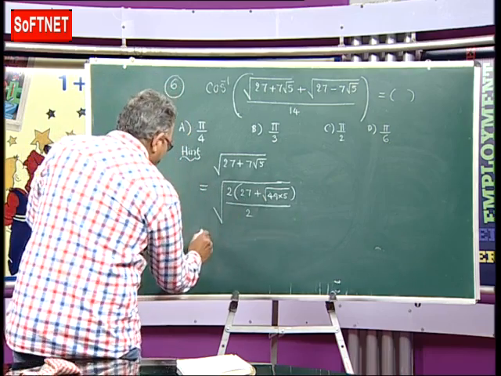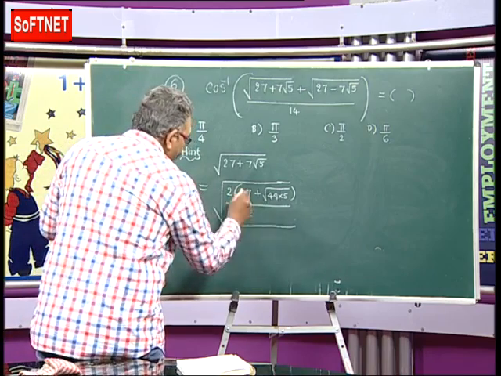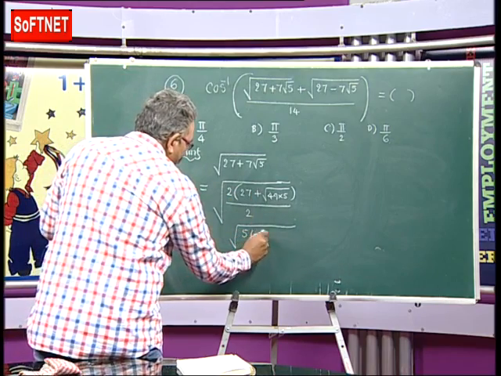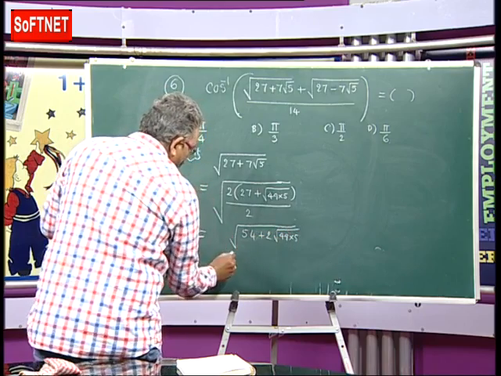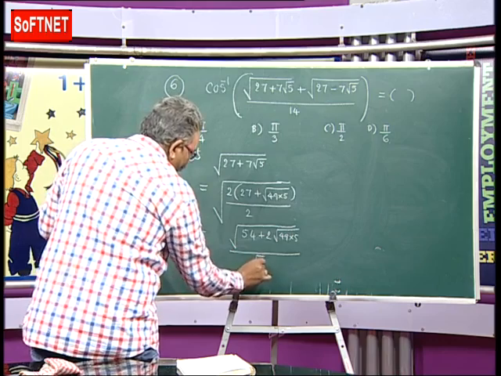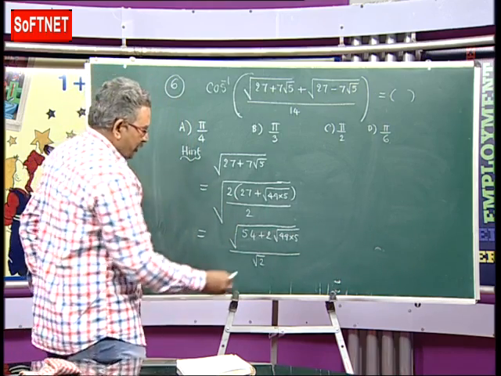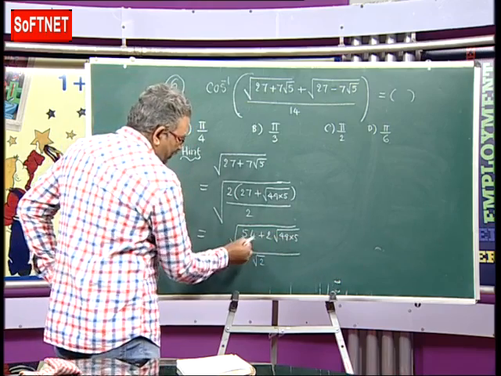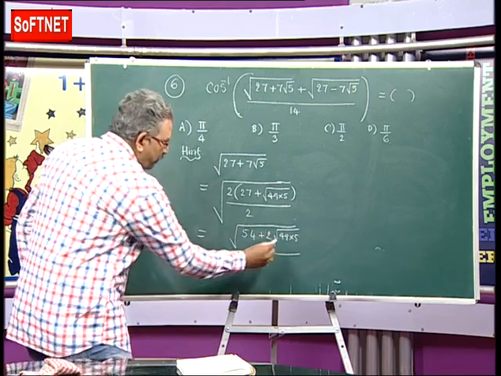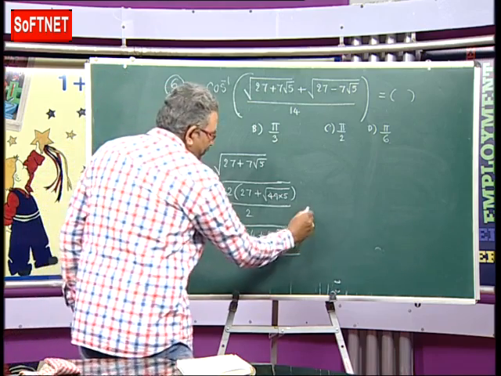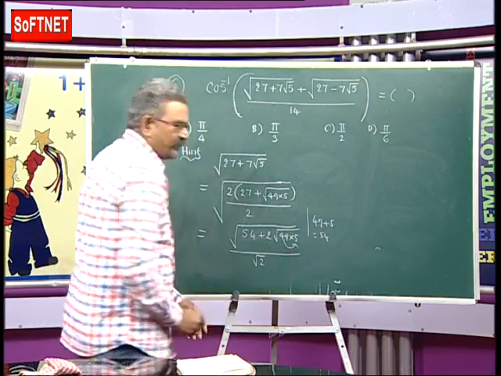Now this can be written as 2 into 27 is root 54 plus 2 root of 49 into 5, by root 2. Now check it. This must be the product of the numbers, this must be the sum of the numbers. Just very simple here. 49 plus 5 gives us 54 only.